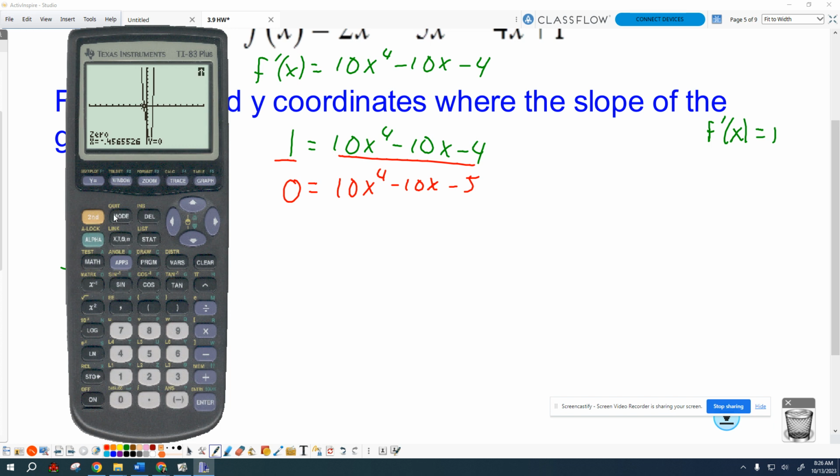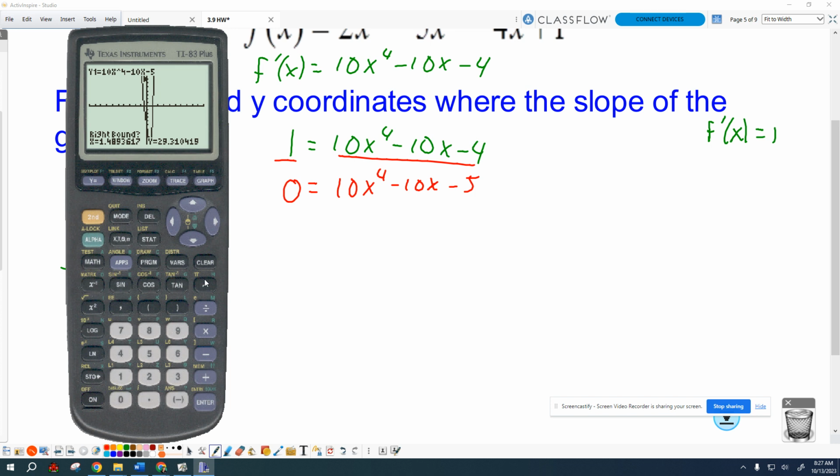If you hit second quit, if you type in X right now, it is the value that it just gave you. I'm going to store it in the letter A. So the STO button is store. Pick any letter you want. I'm not being creative, I'm picking A. All right, to find the other place, I'm going to go from 0, and then this time I'm going to use the arrow.